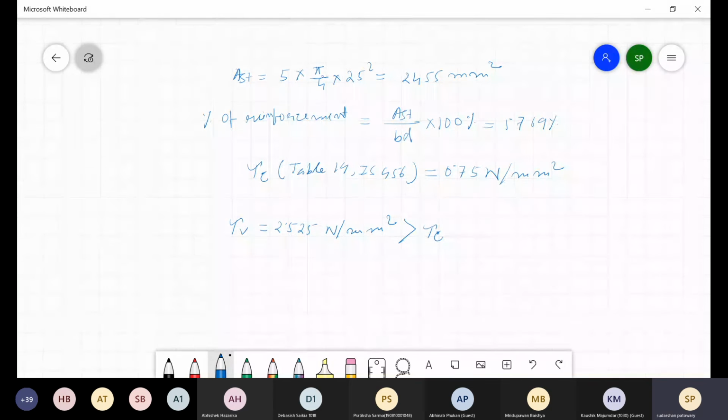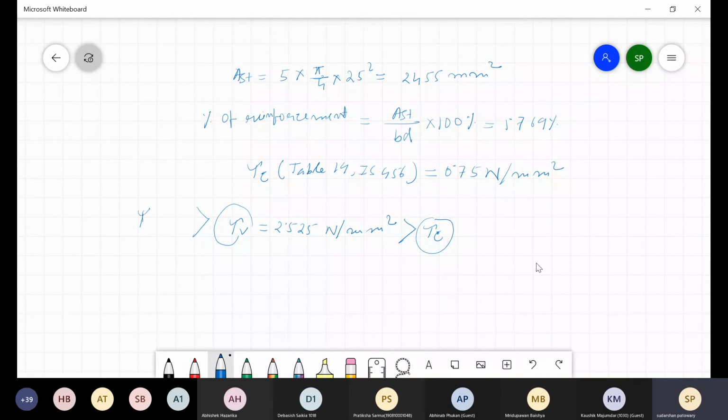So if it is greater than tau c, then what we have to do? Design shear reinforcement. This tau v is greater than tau c, that means we have to design this beam for shear failure. Tau v is less than tau c max.